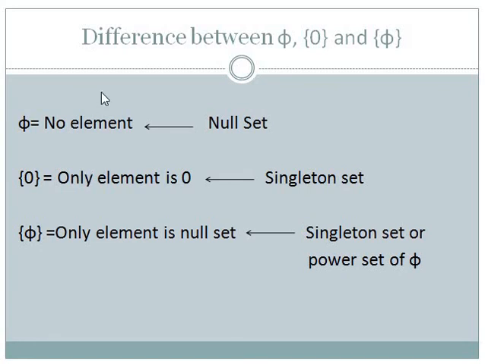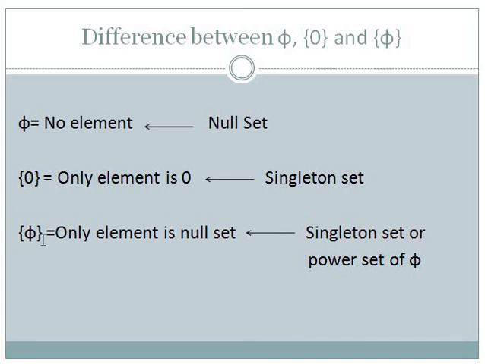Next, the difference between phi, the zero element set, and the null set. Only phi means there is no element in the set, so that is the null set. If there is 0 between the curly brackets, then 0 is the element of that set, so this is a singleton set whose only element is 0.